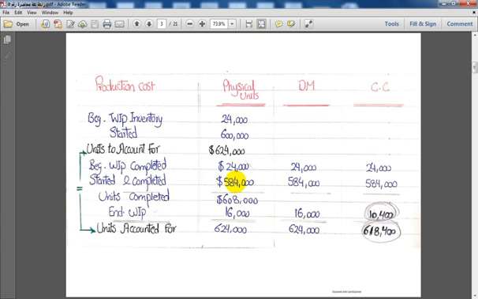The second element of output is ending work in process, physical units equal 16,000.